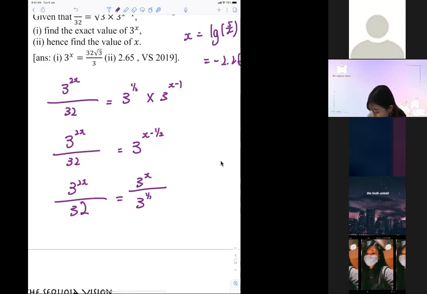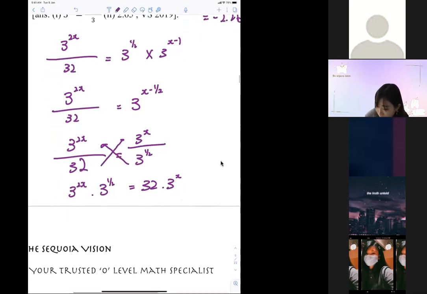Okay, then we cross multiply. All right, then I bring over. This is times, bring over divide.